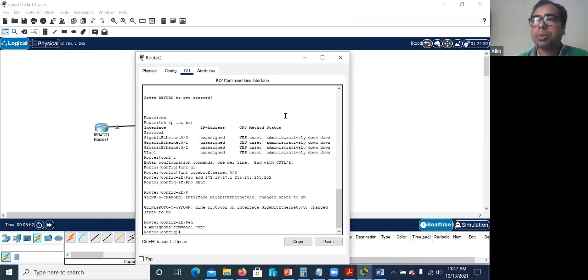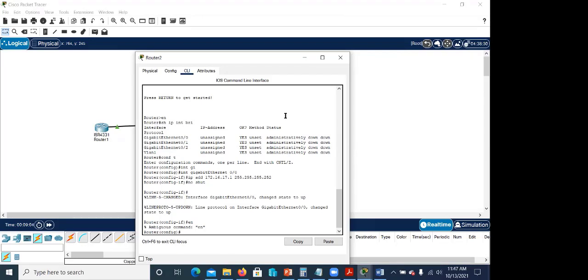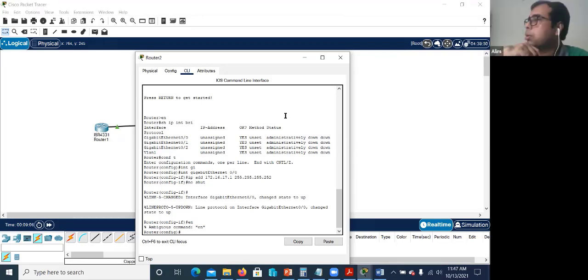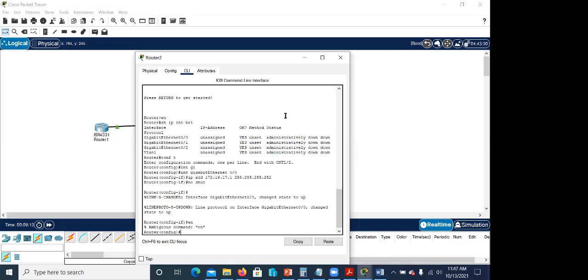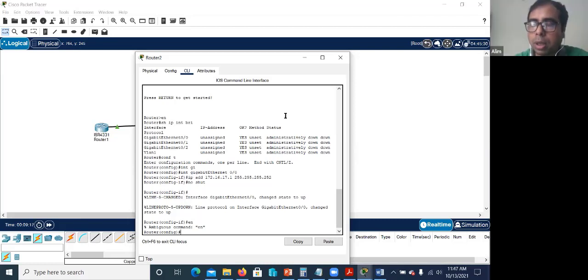Imagine you are an ISP network engineer. What will you think about the routing toward the organization? When you are working in an ISP, you have to configure the routing to an organization.